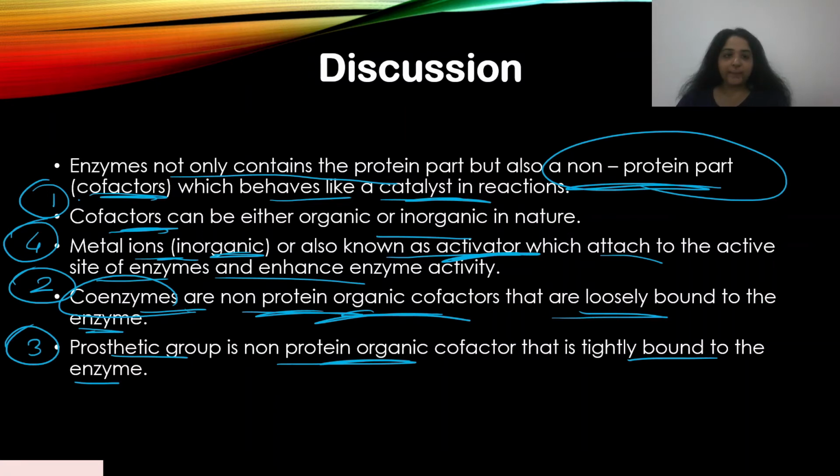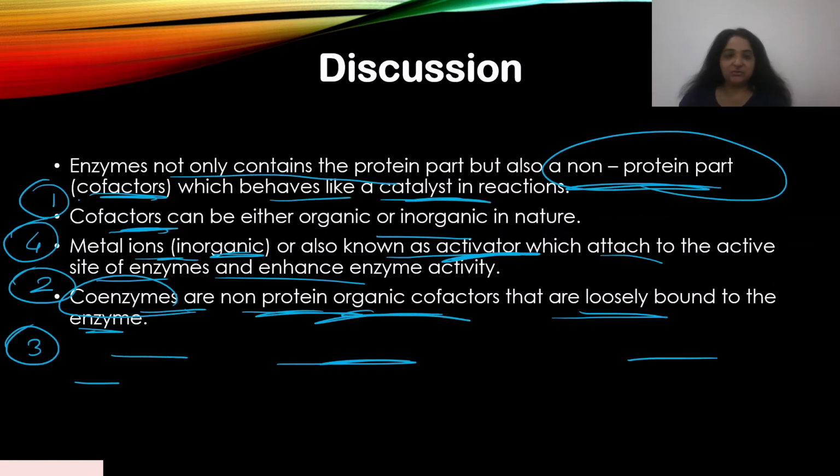These are the four definitions that you really need to understand when you're studying the structure of enzymes. As I said, a cofactor can be either organic or inorganic. The inorganic part are the metal ions, known as activators. Then you have the organic part: those loosely bound are coenzymes, and those tightly bound are the prosthetic group. Simple to understand. Read it over and over again to remember.